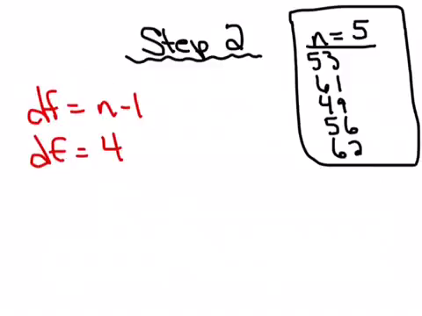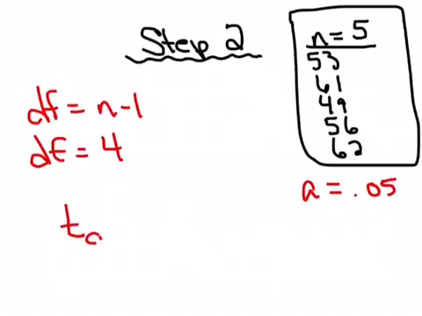Because we're looking at scores to be better, we're going to use a positive. So make sure you're looking under the column that says proportion in one tail. Remember, our alpha was 0.05, and we're going to look down, and your critical t should be 2.132 in the column for 0.05 one tail.